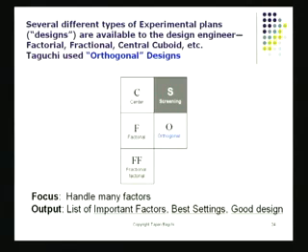There are various types of experiments you can run if you've got multiple factors to play with. You can run full factorial experiments, or fractional factorial experiments, or central composite experiments, or just the plain and simple orthogonal experiments. Now, what is the difference between these different experiments?